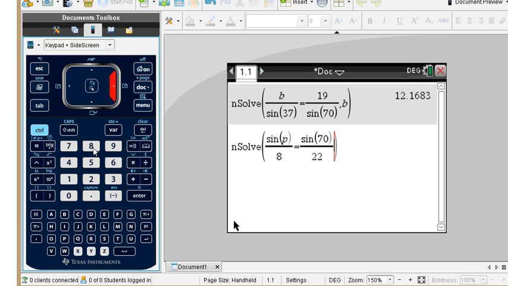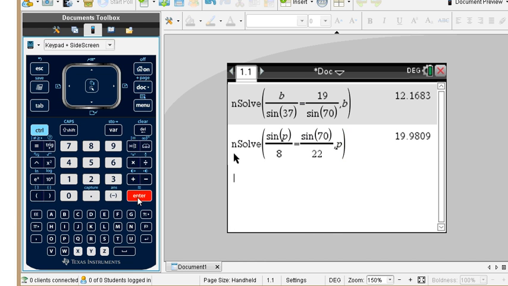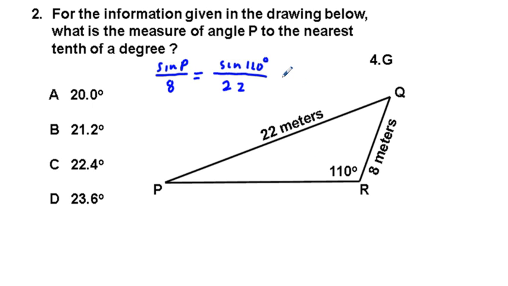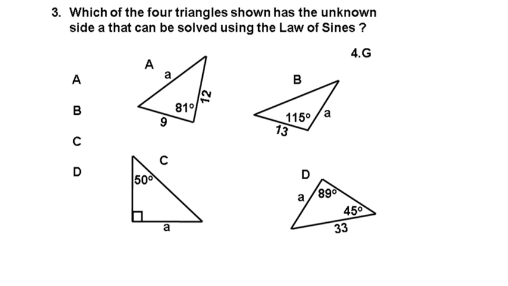We go to comma P to find that angle. We are in degrees, so it should work. We get 19.98, and rounded that should be 20 even, whether rounded to the 100th place or 10th place. So 20 degrees, and that would be closest to answer choice A.